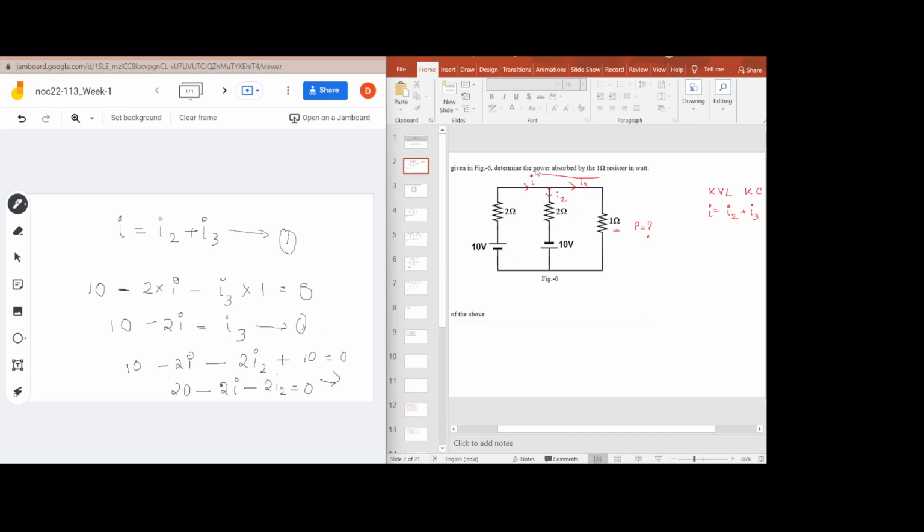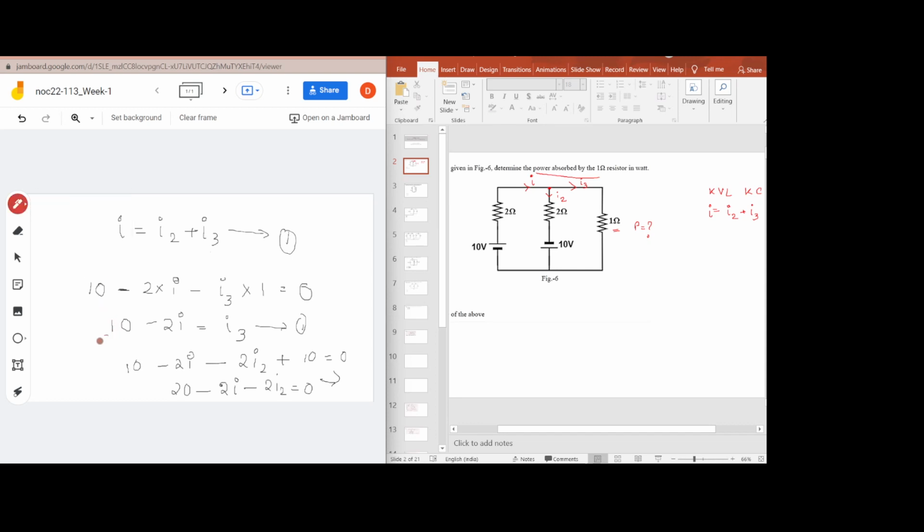If we get I3, we can determine how much power is absorbed in this 1 ohm resistor. So let's substitute these values in each of this. Since we have to calculate I3, we will keep I3 and substitute the rest. For example, in this equation, let me change the color.